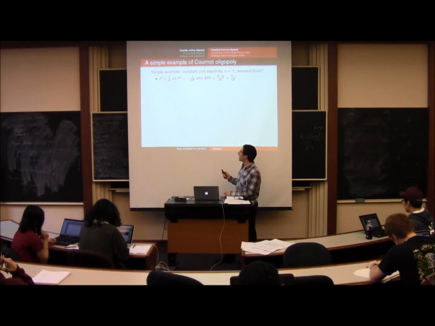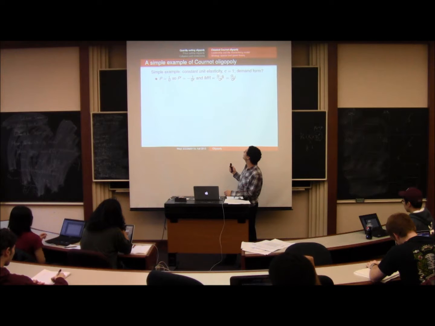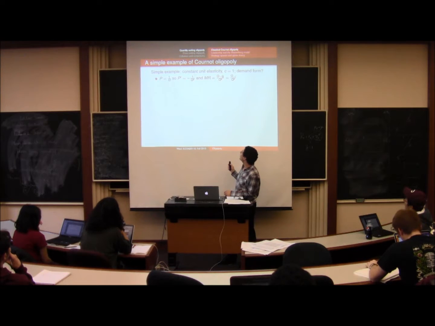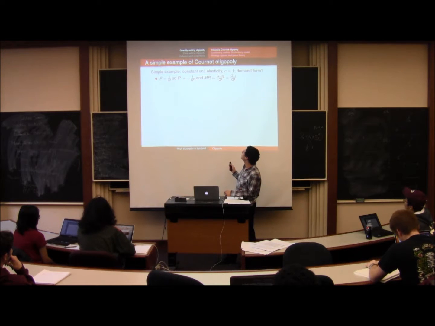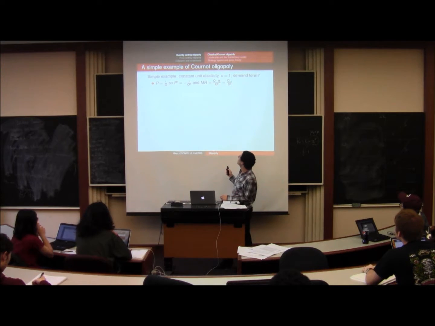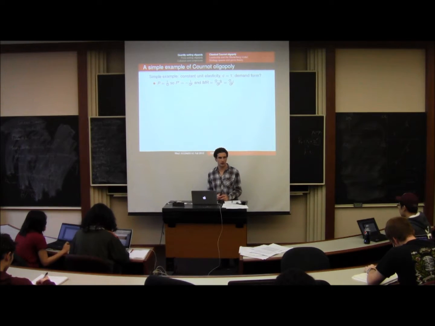So that would give us that P prime is equal to negative 1 over Q squared. And therefore, marginal revenue would be equal to P plus QI times P prime, which is negative 1 over Q squared, and that becomes Q over Q squared minus QI over Q squared, which is equal to Q minus QI over Q squared, right?